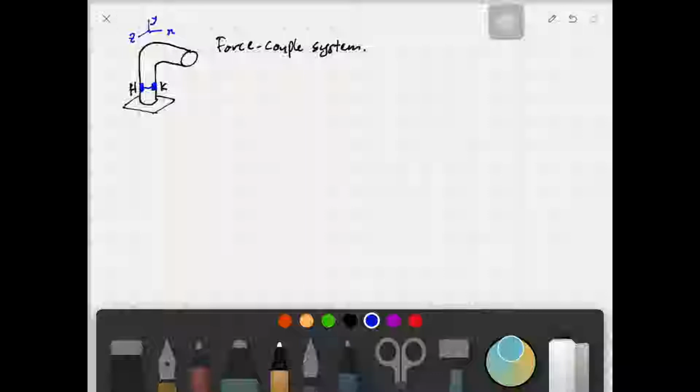The distance from the base to the tip of the L bracket, the distance here to here, is 0.5 meter.